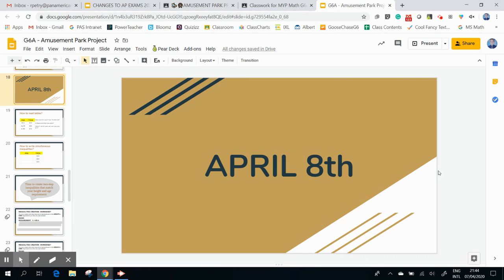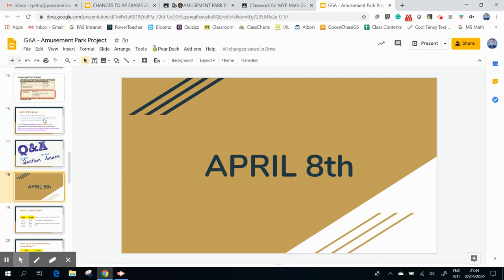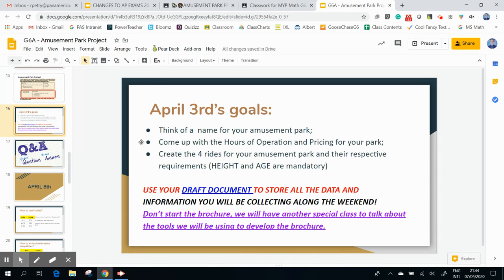Today is April 8th, and we're here to talk about what we're going to be doing today in our class, okay? So we will keep working on our amusement park project about inequalities that we started on April 3rd, okay? Just as a reminder, on April 3rd, you had these goals for your project.